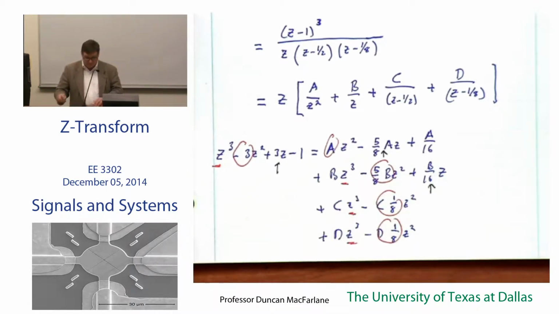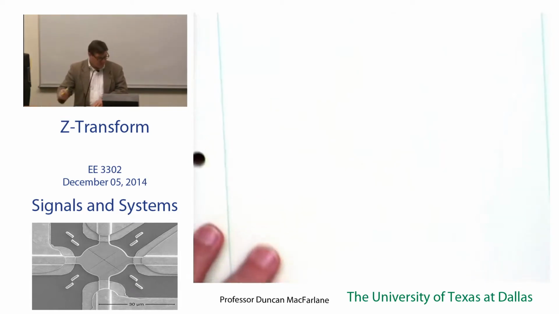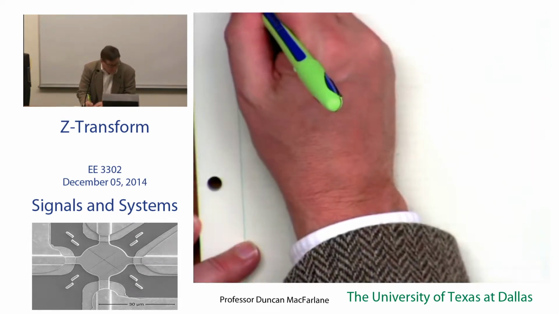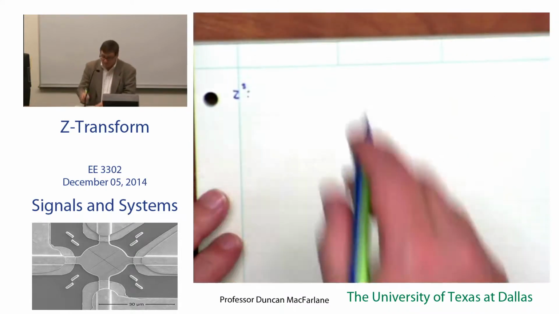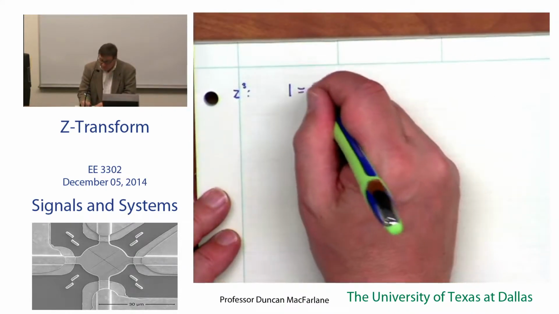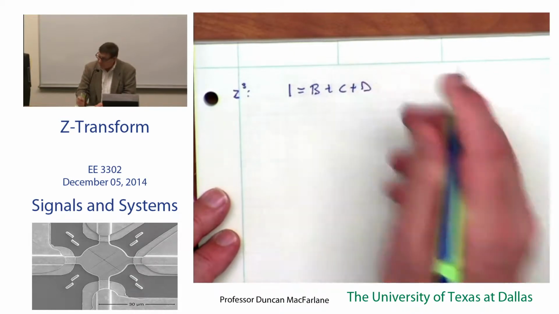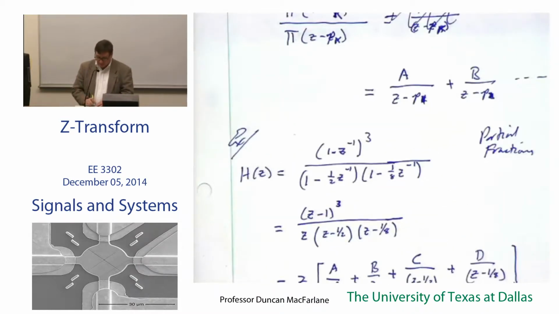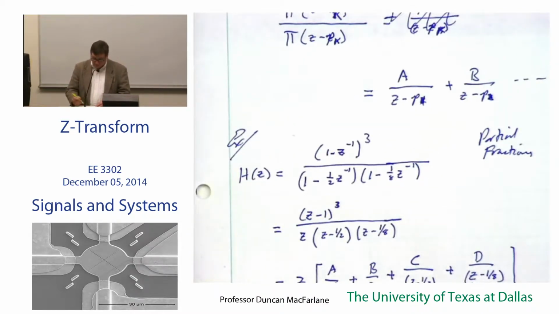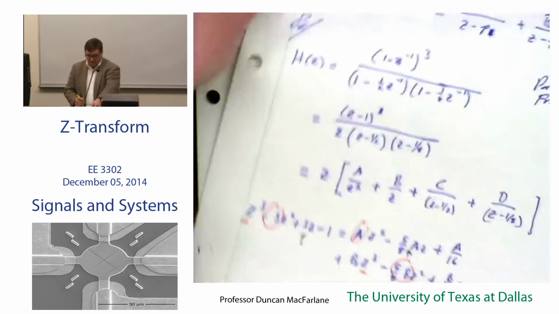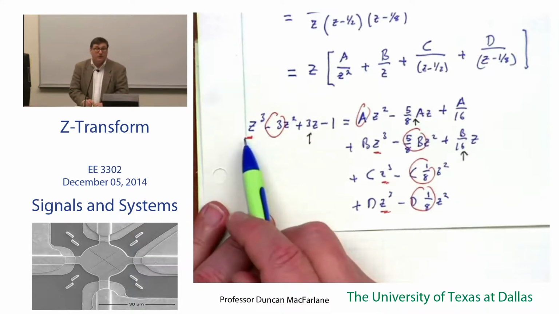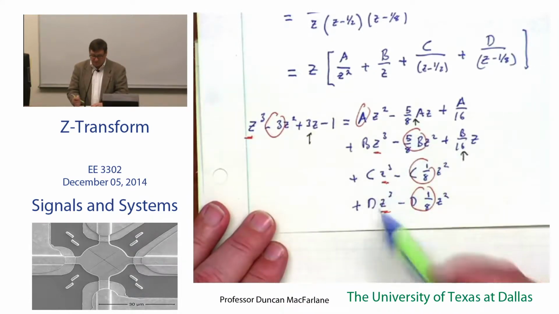Okay? So the z cubed terms, 1 is equal to B plus C plus D.